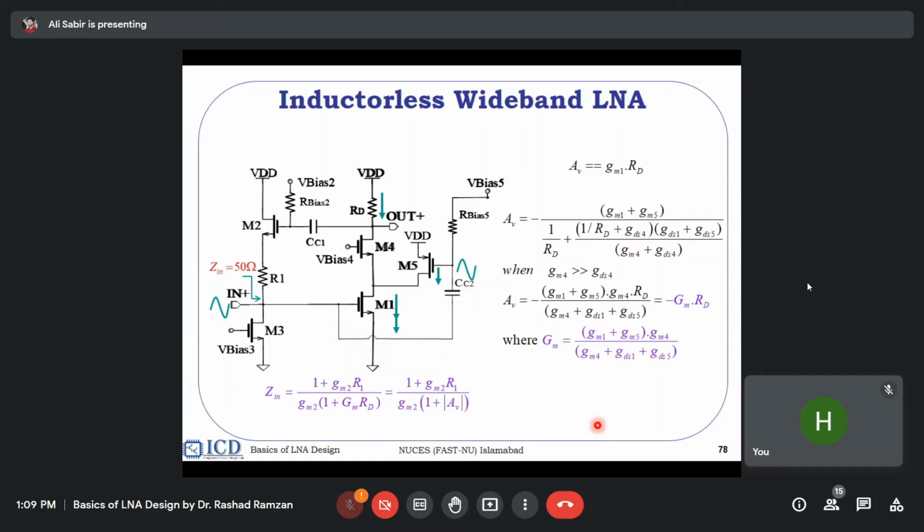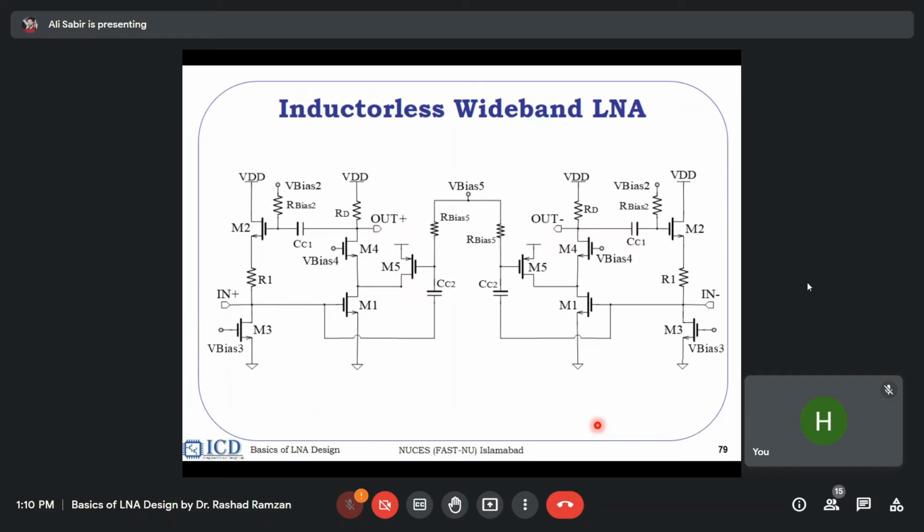The major reason is that we want to reduce the third order non-linearity. So now we switch to the differential design. In this case, we have a left leg and a right leg, which amplify the V plus and V minus signal.